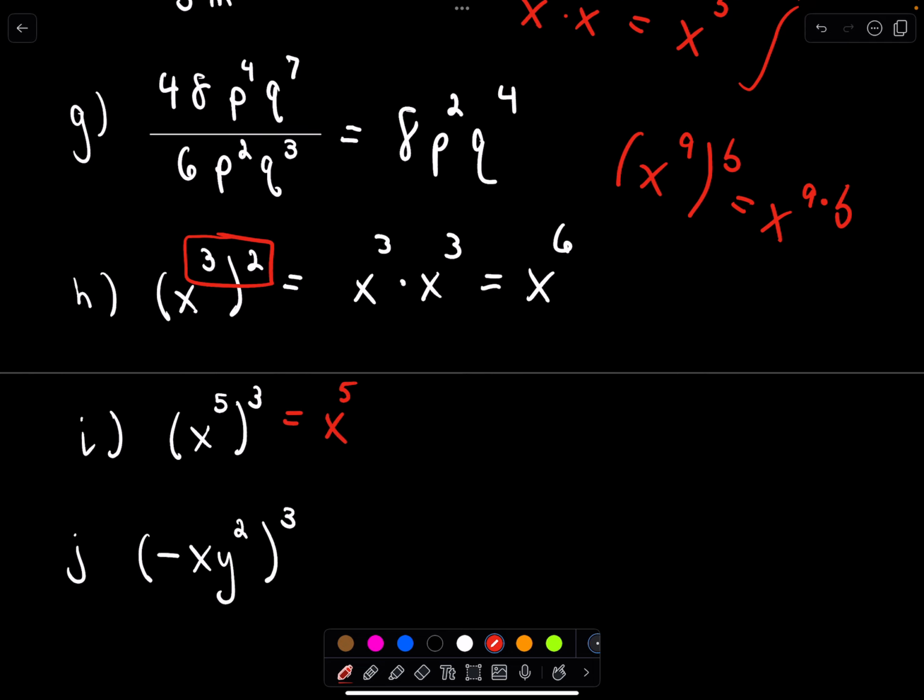Well, again, I could write that as x to the 5th times x to the 5th times x to the 5th. Or I could have just multiplied those together, which again makes sense because we would have 5 plus 5 plus 5. Whether I multiply or whether I add those exponents together, in either case, I'm going to get the correct solution of x to the 15th.